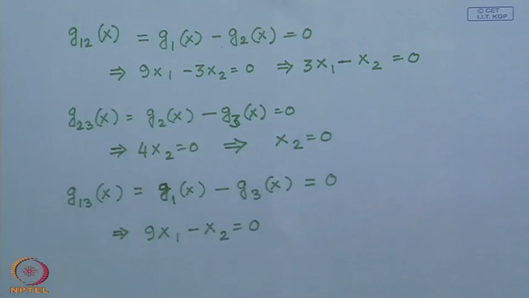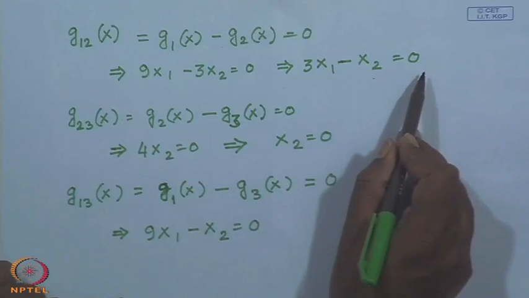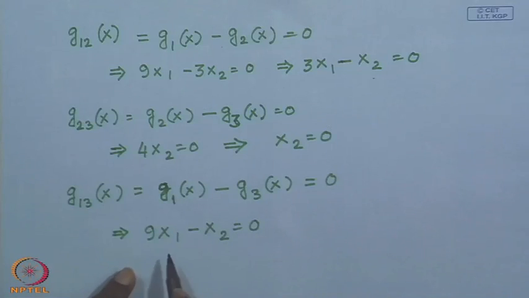So, you find that the decision boundary between omega 1 and omega 2 is given by 3x1 minus x2 equal to 0. The decision boundary between omega 2 and omega 3 is given by x2 equal to 0, which is nothing but my x1 axis, and g13x, the decision boundary between omega 1 and omega 3, is given by 9x1 minus x2 equal to 0.